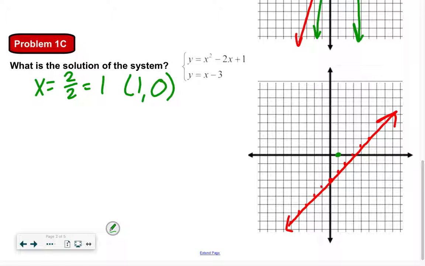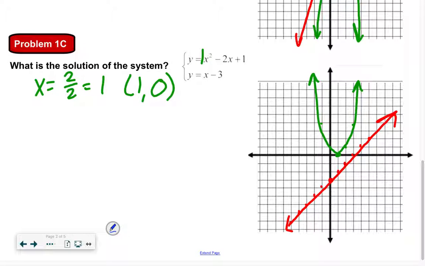From there, you notice this is a positive 1. So I can go right 1, up 1, right 2, up 4, and mirror on our left side. What's the solution?